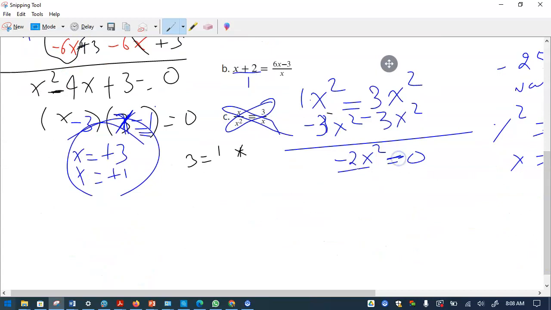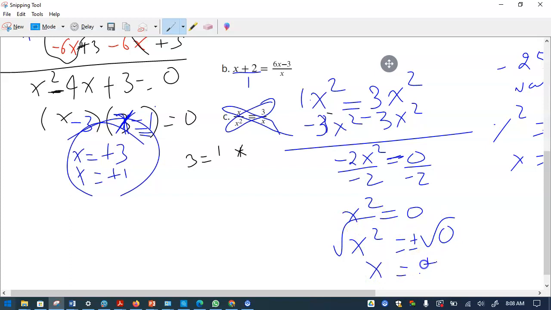When will this be 0? Take the square root of both sides, and then x equals plus or minus 0. It doesn't matter, because plus and minus 0 is the same as just writing 0. So that's the only solution for that.